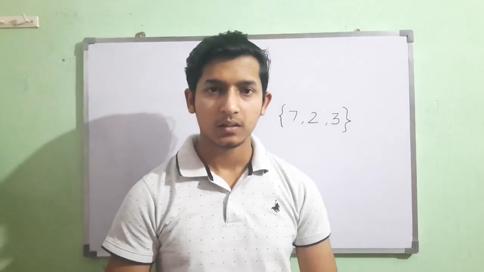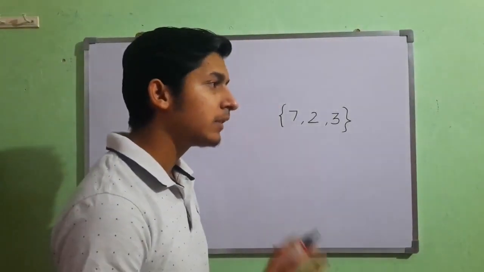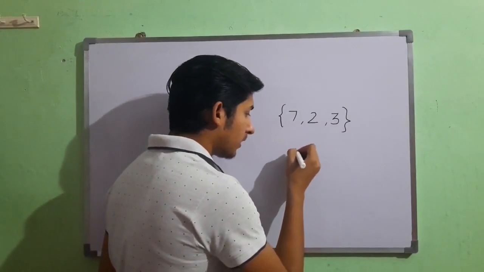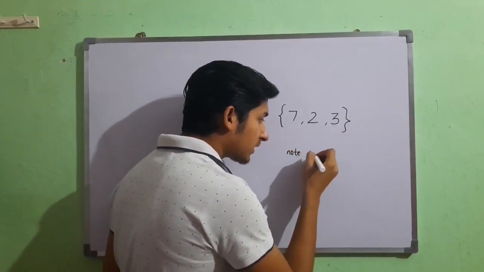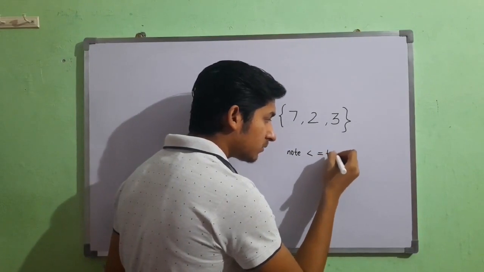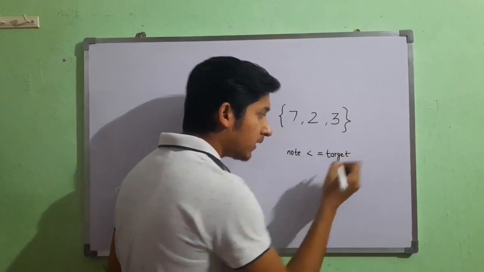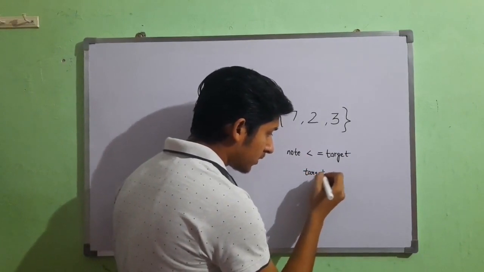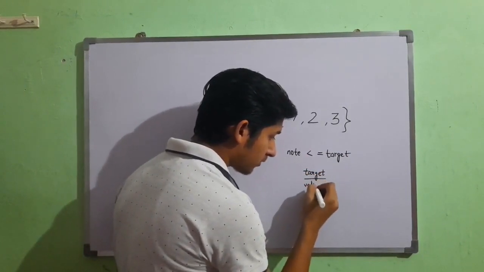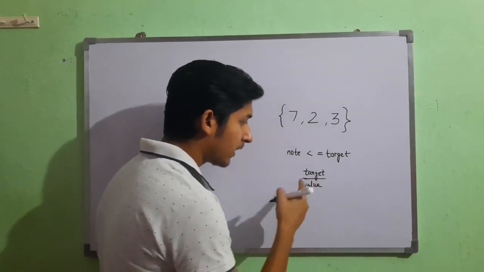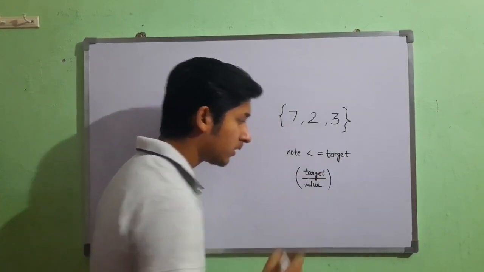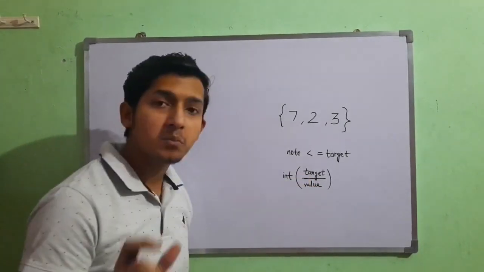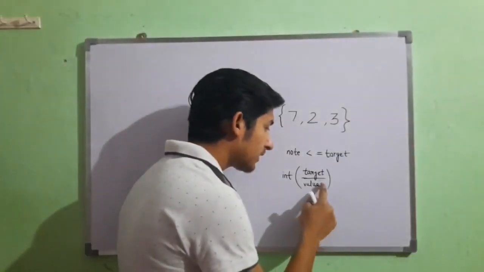Now we understand that whenever a standard system is given, we will calculate it by the greedy approach. We will find the note or bill just smaller than or equal to the target and divide the target by the value of that note, storing that as an integer, and we will get the number of bills we will use for this value.